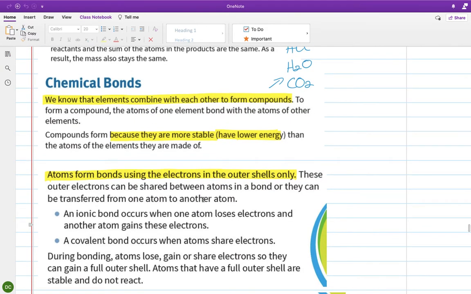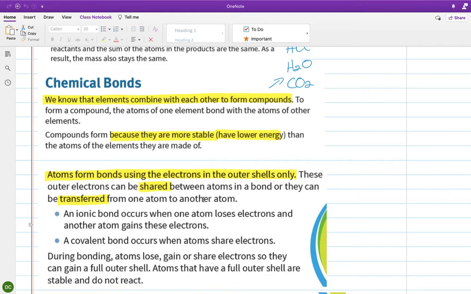Atoms form bonds using the electrons in their outer shells only. The outer electrons can either be shared or transferred.